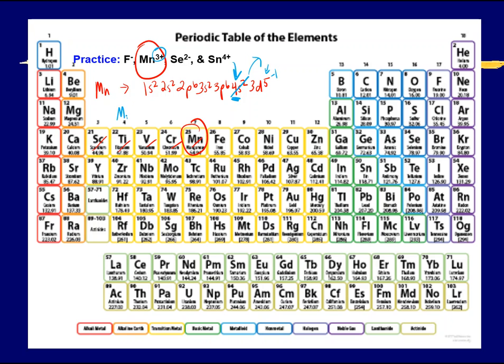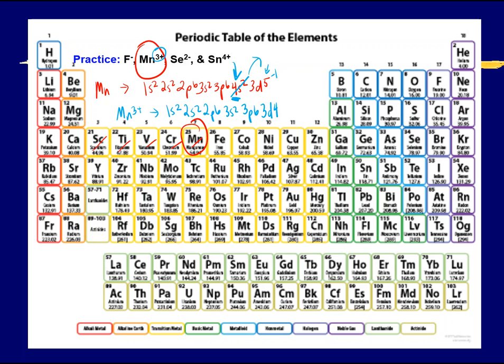So Mn3+ ends up being 1s2, 2s2, 2p6, 3s2, 3p6, 3d4. The 4s disappears because it's the highest energy level, although it technically fills first because it's at lower energy, which is the backwards part of the game here.